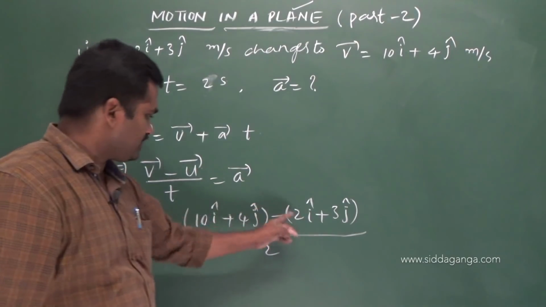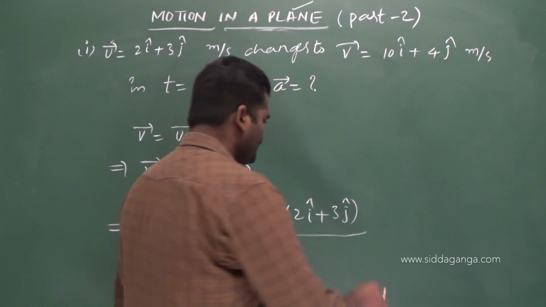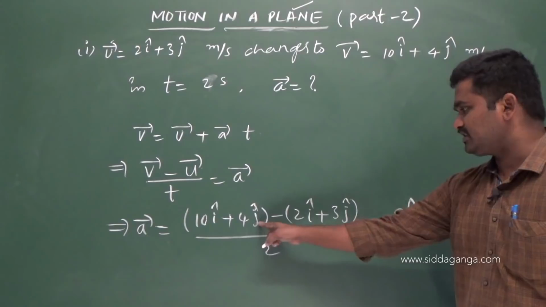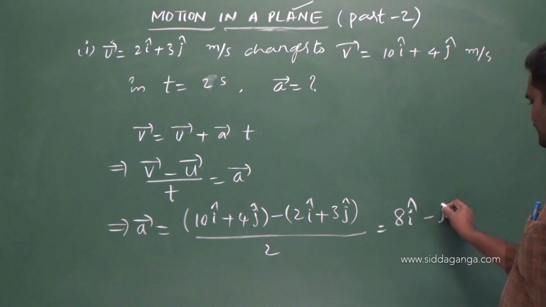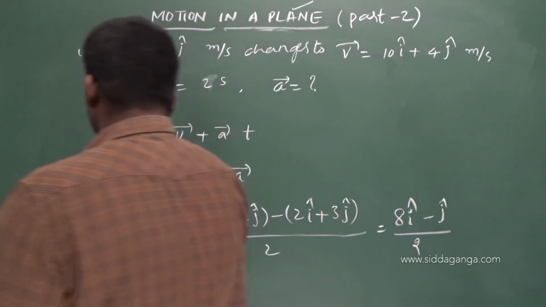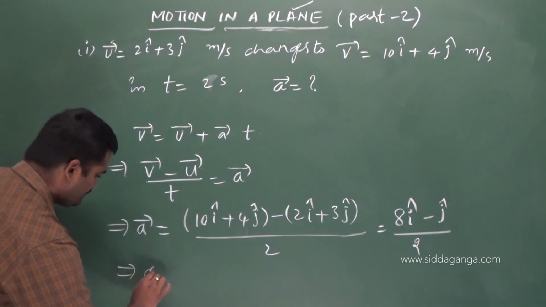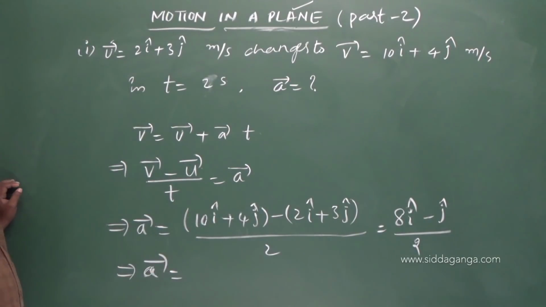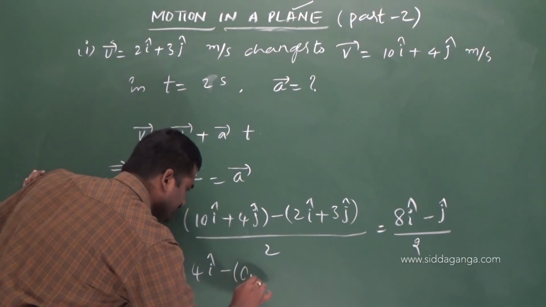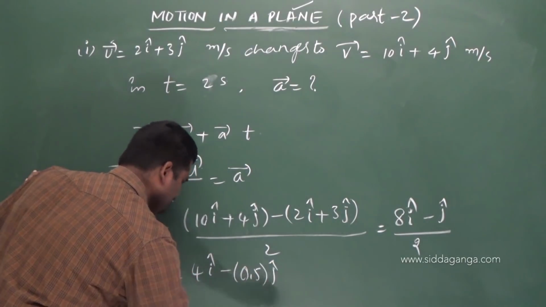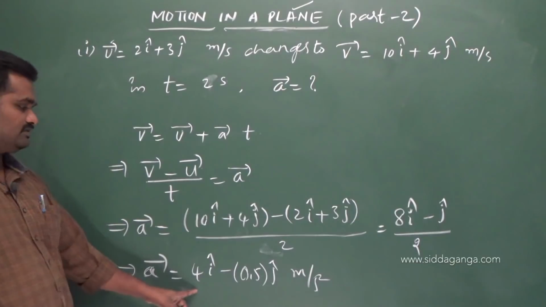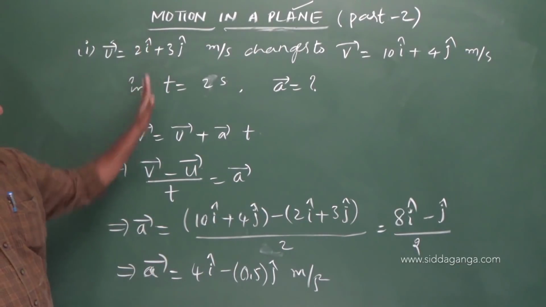Now subtraction of this: 10i minus 2i is 8i cap, 4j cap minus 3j cap is 1j cap, divided by the time taken, which is 2. So the acceleration of this particle will be 8 by 2 is 4i cap minus 1 by 2 is 0.5 j cap meter per second square. This is how we need to find acceleration using these kinematic equations.